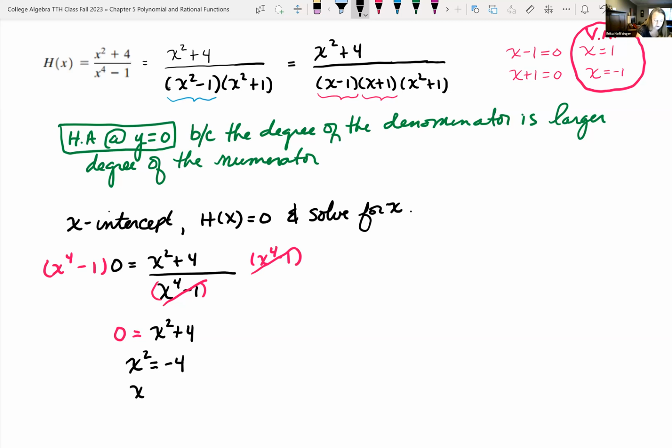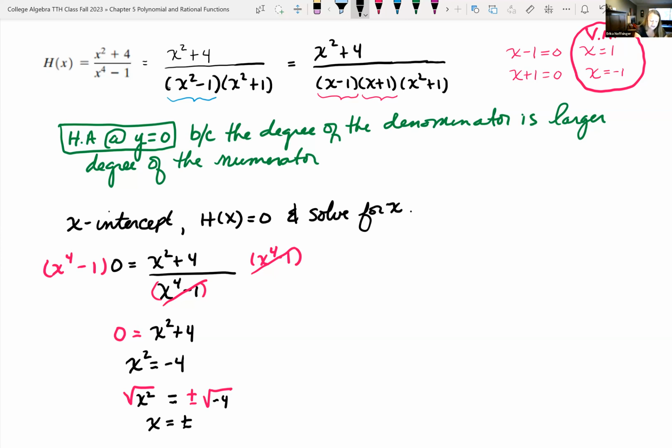Taking the square root of both sides. So remember, when we take the square root of both sides of an equation, we need to put plus or minus in front of one side so that we get all of the solutions. And so the square root of x squared is x, is equal to plus or minus the square root of -4. Recall that the square root of a negative number is not a real number, it's an imaginary number.